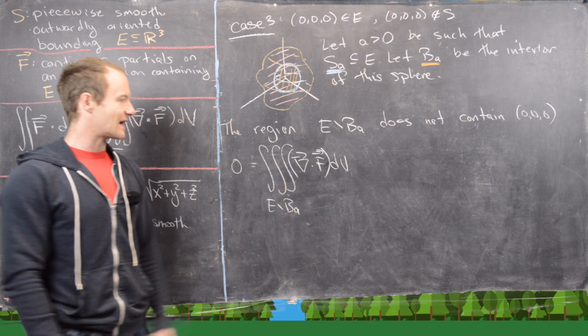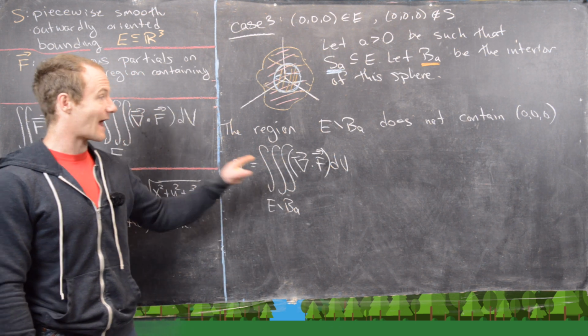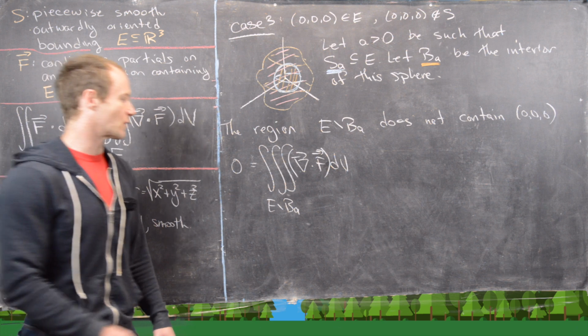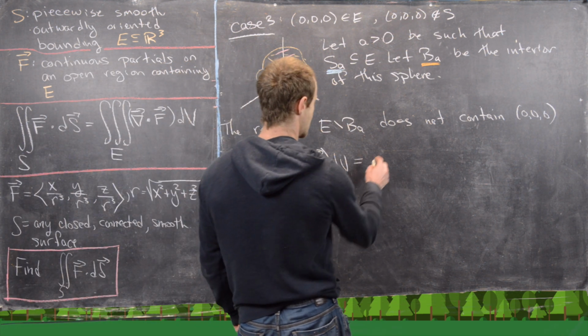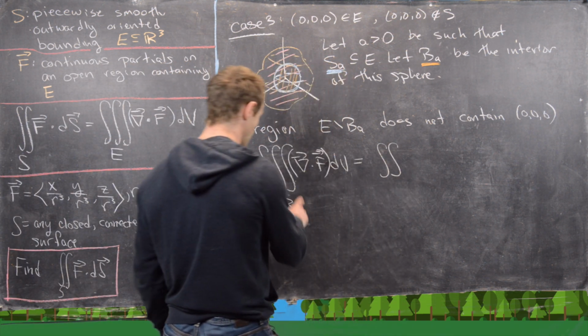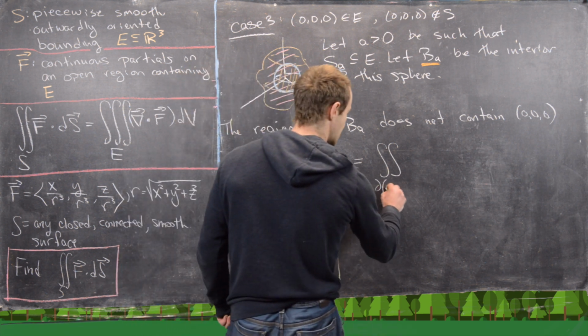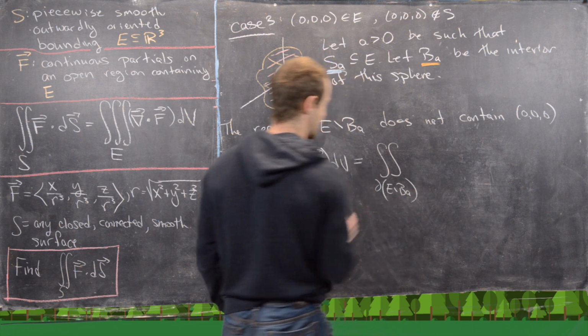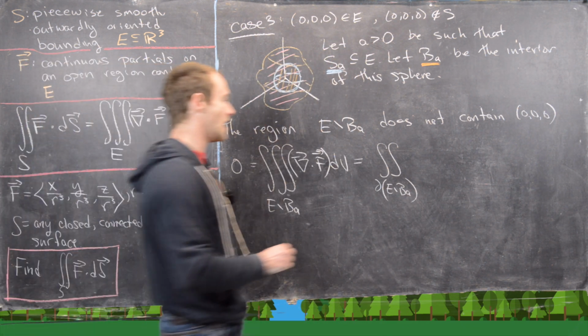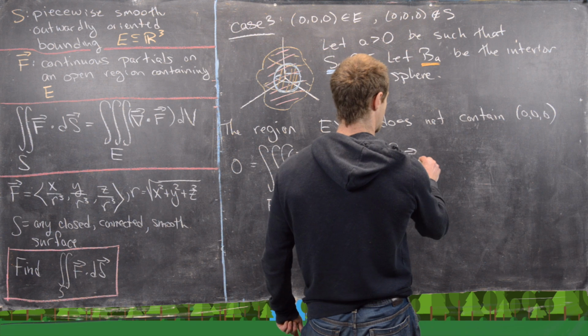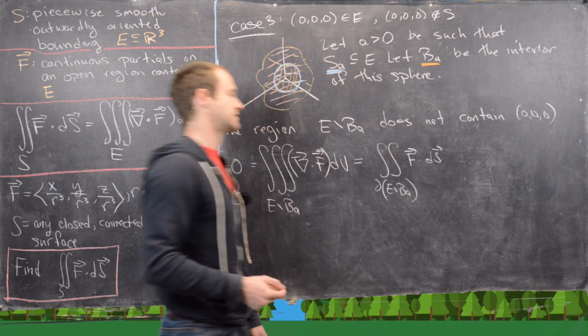Now we'll apply the divergence theorem to this object, and we're allowed to do that because it does not contain the origin. So that's going to give us the surface integral over the boundary, which I'll write as the boundary of E minus BA, of F dot dS.